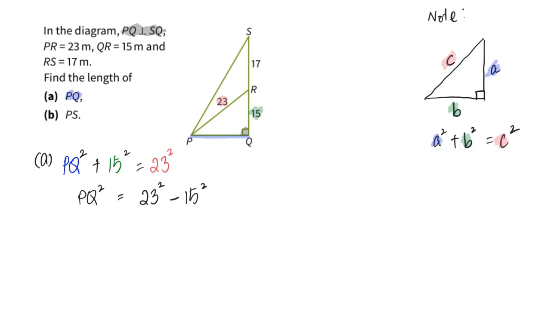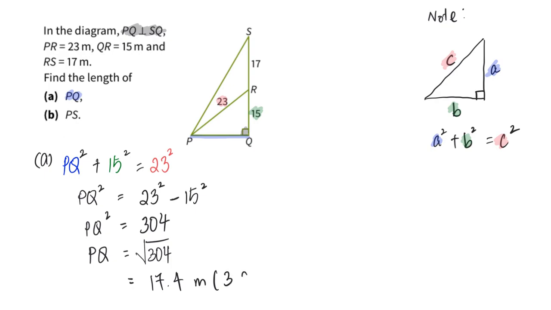I minus 15 square on both sides, and so my PQ square is therefore equals to 304. So my PQ is simply the square root of 304, and that will give me 17.4, in this case meter, 3SF.